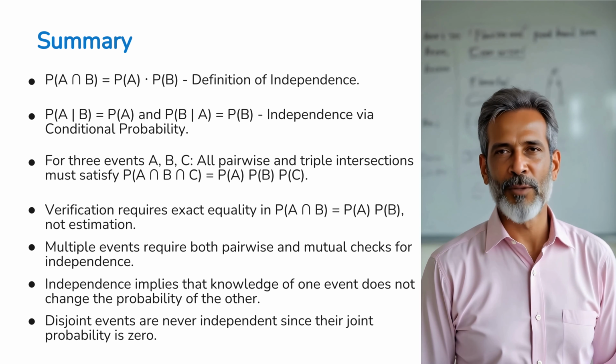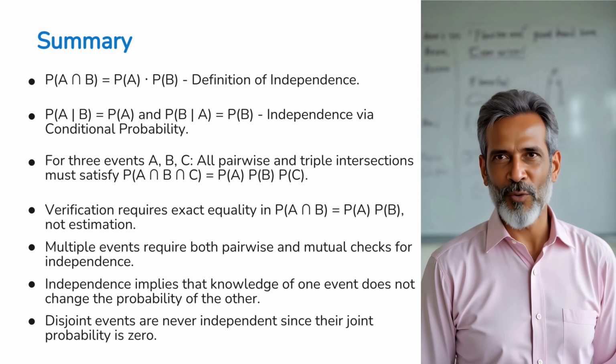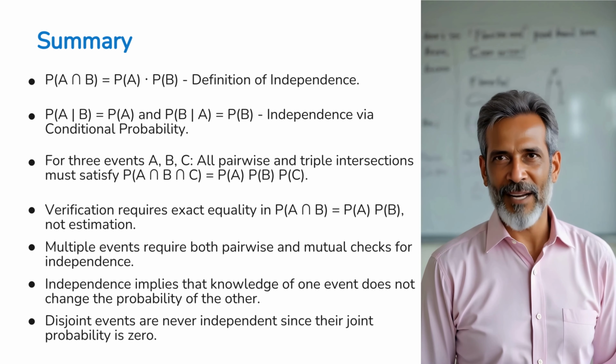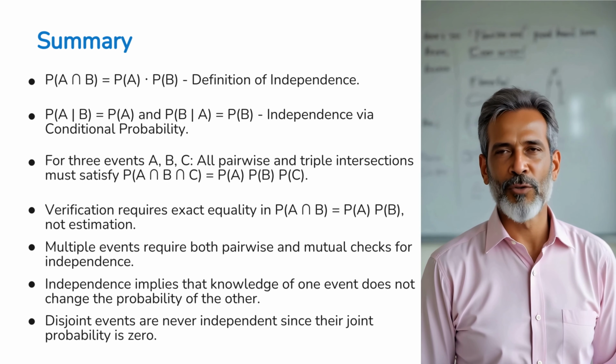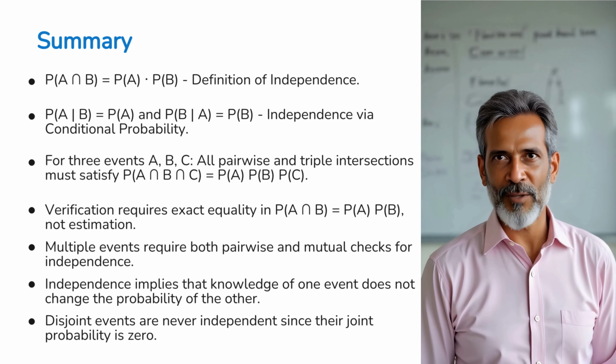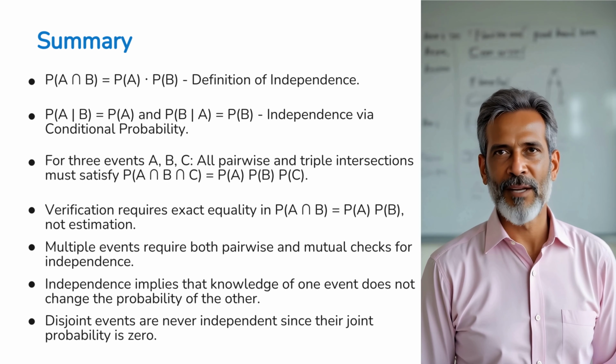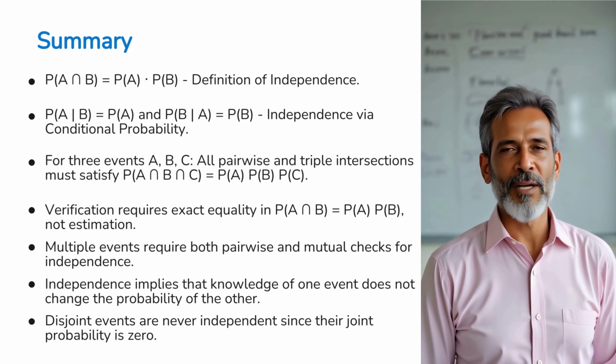When dealing with multiple events, we must check both pairwise independence and mutual independence. One does not guarantee the other. Independence also means that information about one event gives no new information about the other. And finally, remember this crucial point. Disjoint events can never be independent because their joint probability is 0.